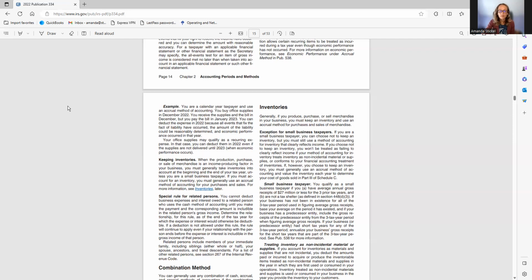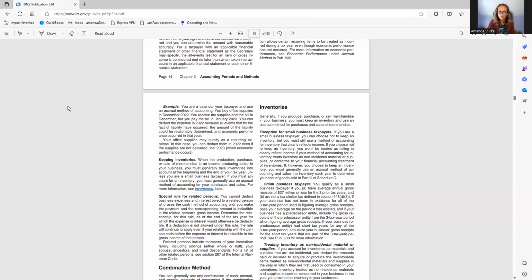With the accrual method, the expense is claimed in the year that it is incurred. And I said that before. So for example, you hire a contractor to do a service and they give you an estimate, but they don't end up doing it until 2023.